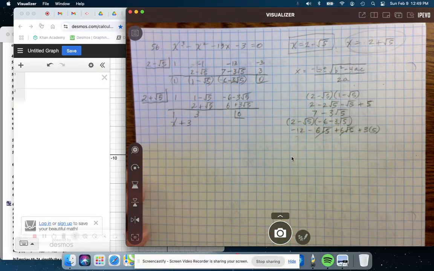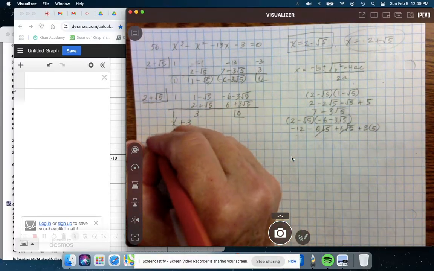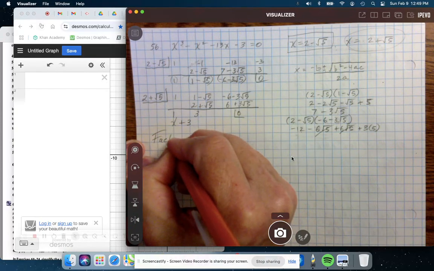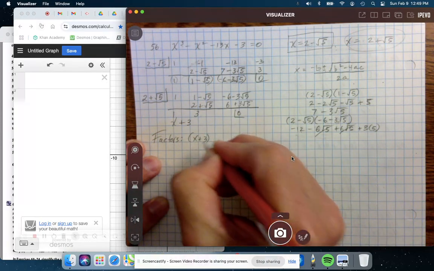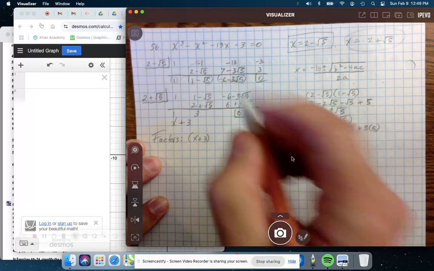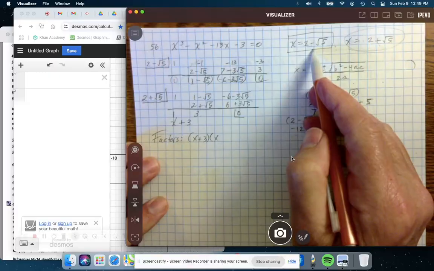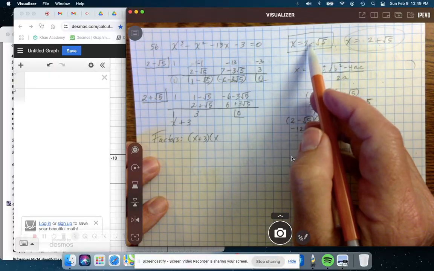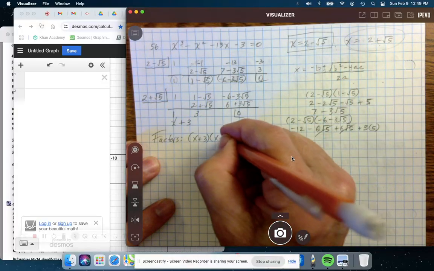So now I've got all my factors, right? x plus 3 is a factor, so let me write x plus 3. And then x minus this. So remember, when you do minus this, you're going to distribute this. So that's going to be minus 2 plus square root of 5.